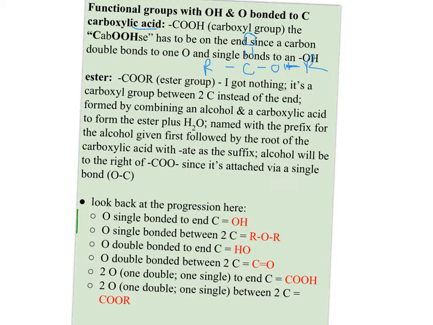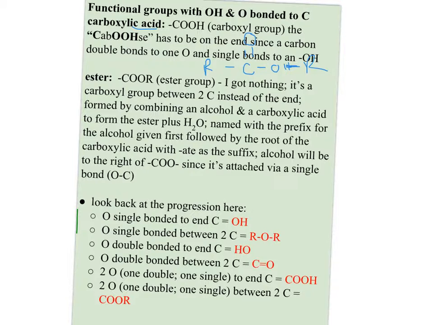So this is going to be in the center. I don't have a clever way to remember it except that we've seen this pattern 3 times now, that you have a functional group at the end with hydrogen being the last atom, and now you replace that hydrogen with an R group. So it's formed by combining an alcohol and a carboxylic acid, so it's going to also release a water. Sometimes it's called a condensation or dehydration reaction.